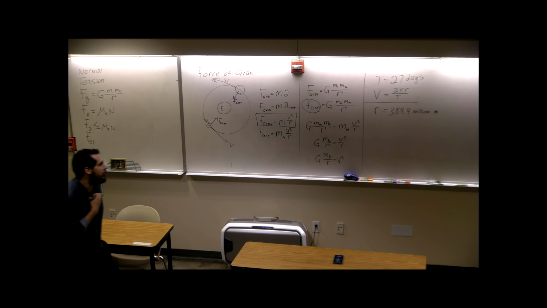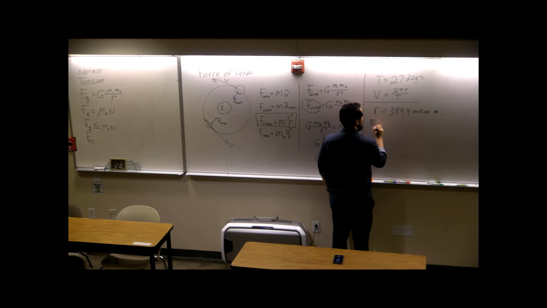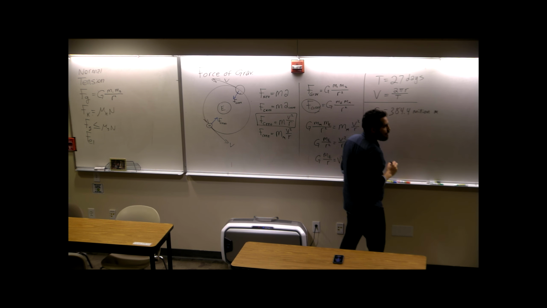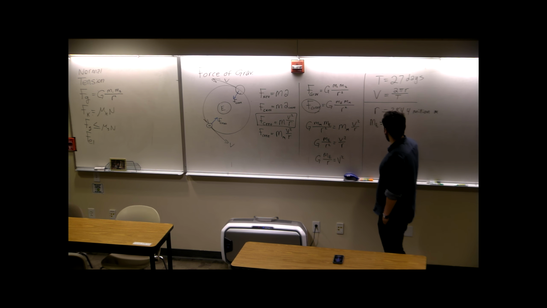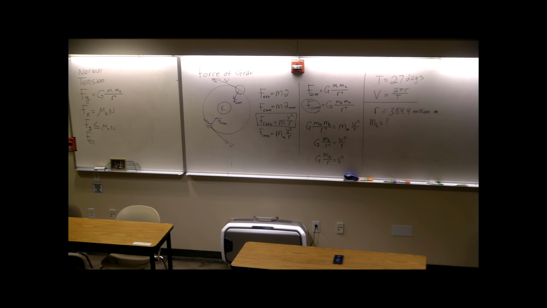My question to you is, utilizing Newton's universal law of gravitation, I want you to give me a quick calculation of the mass of the Earth. Let's go ahead. Let's solve it out. You should have all of your values.